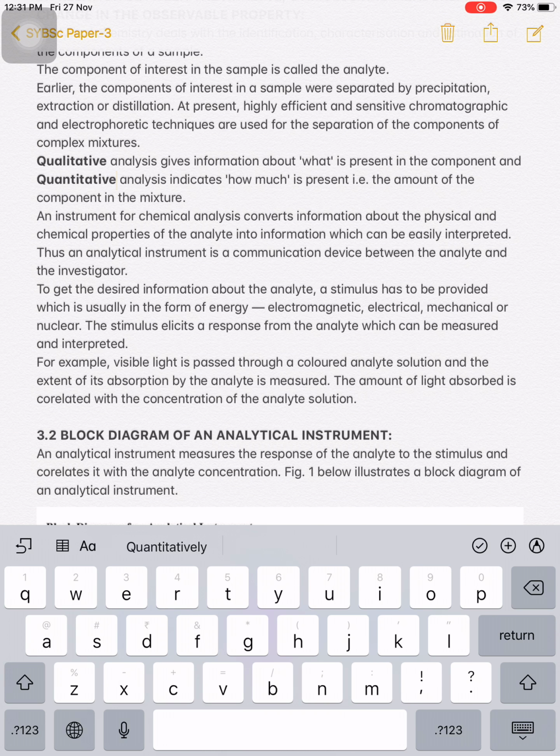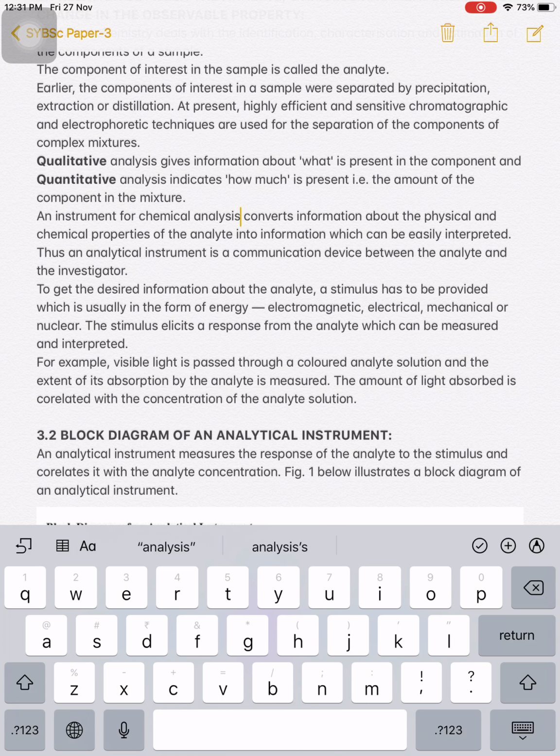An instrument for chemical analysis converts information about the physical and chemical properties of the analyte into information which can be easily interpreted. So what does the instrument do? The instrument converts the physical or chemical properties of that component into information which is received in terms of values, numbers or a graph.